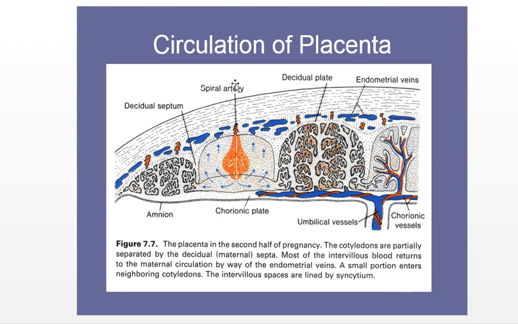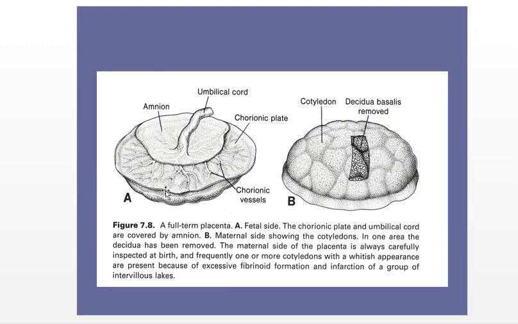As a result of septum formation, this is a septum and septum and septum, the placenta is divided. In this picture you can see that the placenta is divided into a number of compartments or cotyledons. Each part here is named a cotyledon, and the border of each cotyledon is formed by the decidual septa.